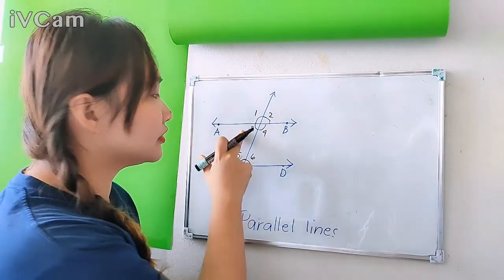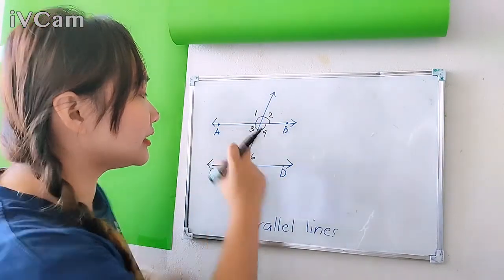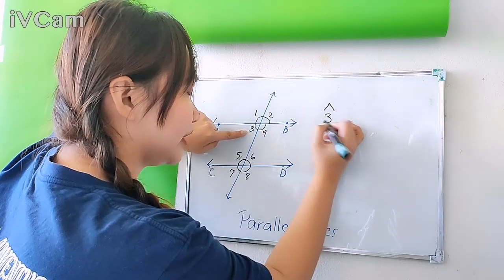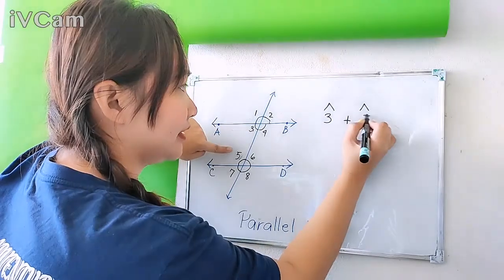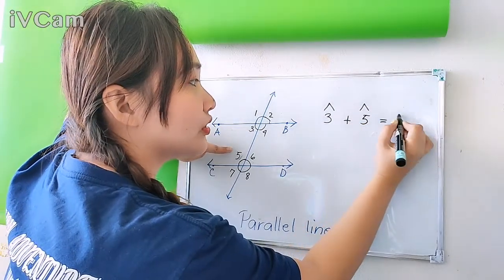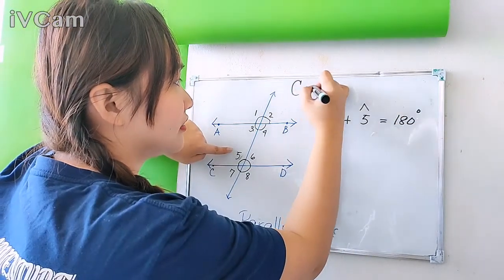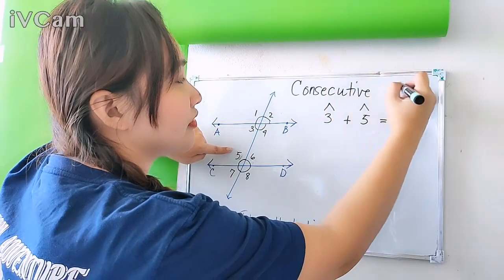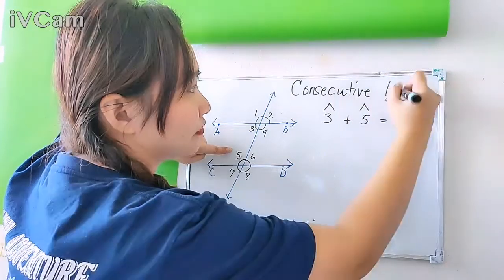Alright, so you look at our examples again. It says here that angle 3 plus angle 5 is equal to 180 degrees. Now they are consecutive interior angles.